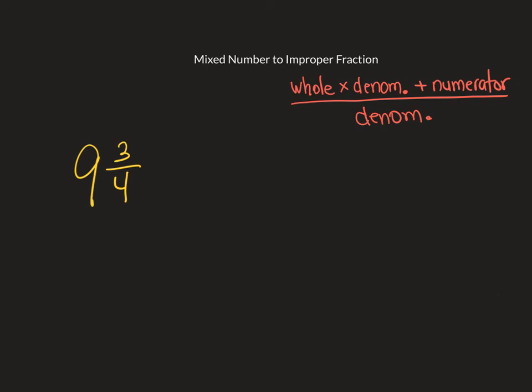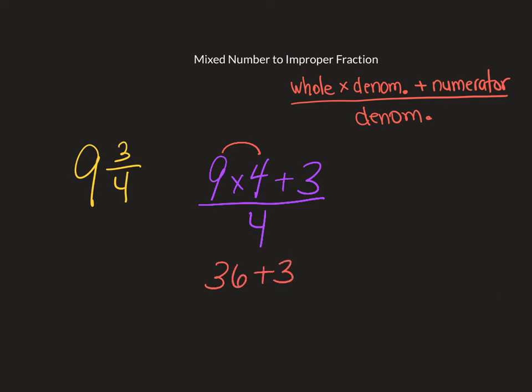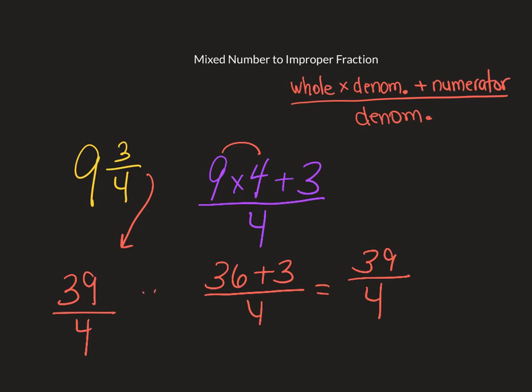You should have started with 9 times 4 plus 3 over 4. 9 times 4 equals 36 plus 3 over 4. And finally, 36 plus 3 equals 39, then over 4. So 9 and 3/4 is equal to 39/4.